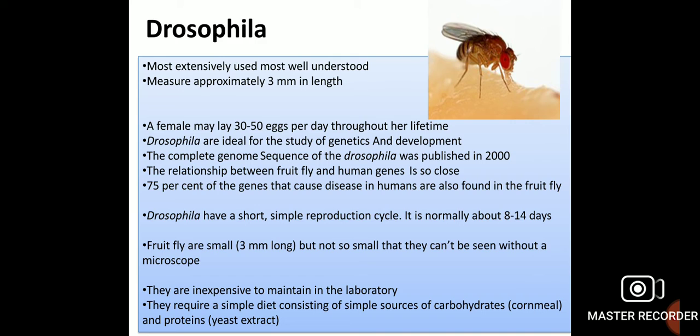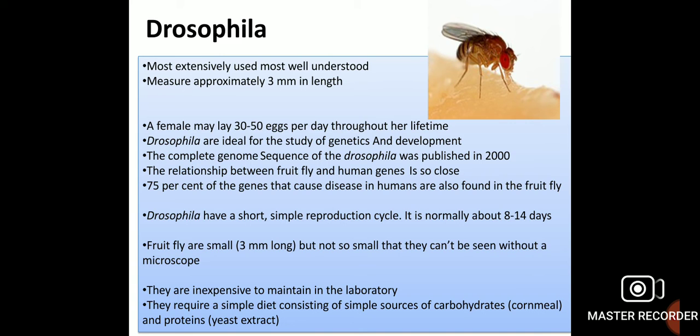So Drosophila is also one of the alternatives to animals, although if we consider it as an animal, because of its certain characteristics we can use it in place of rats, rabbits and other big animals. We'll see why Drosophila: because it is the most extensively used and best understood model.